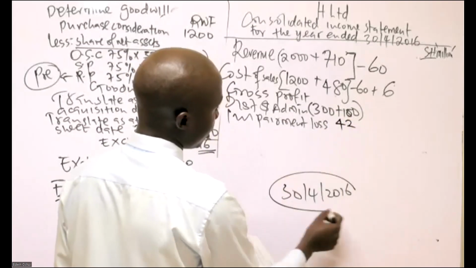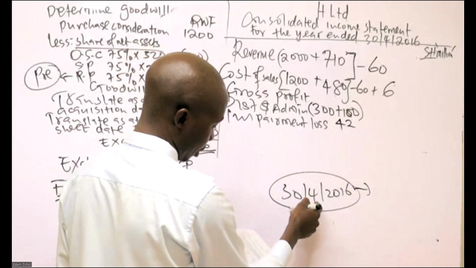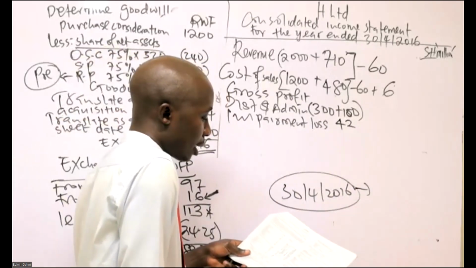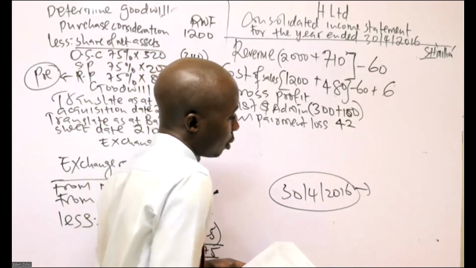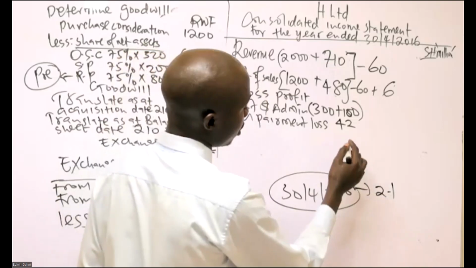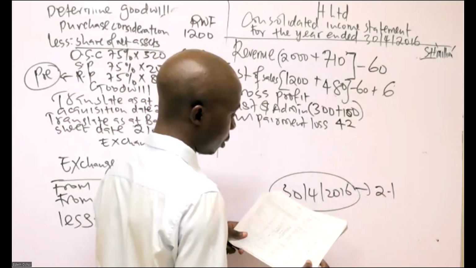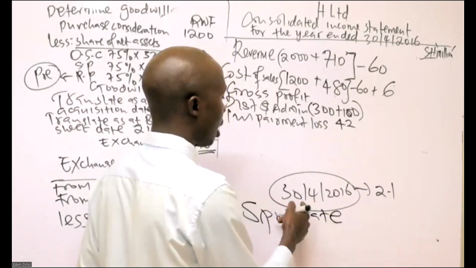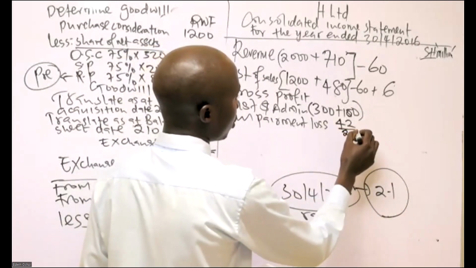But now we translate at this date, because this is the time when that impairment was given. So they said as at 30th April. Is it 2.1 or 2? It's 2.1 on 30th April. Use the spot rate when the transaction occurred. As they said as at 30th April, use the spot, so divide by 2.1.